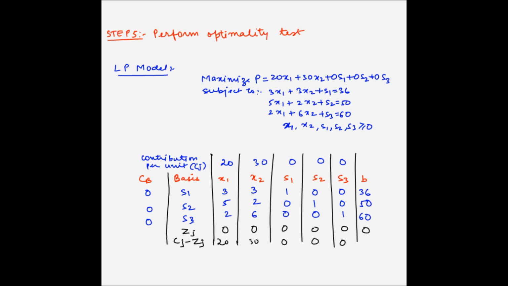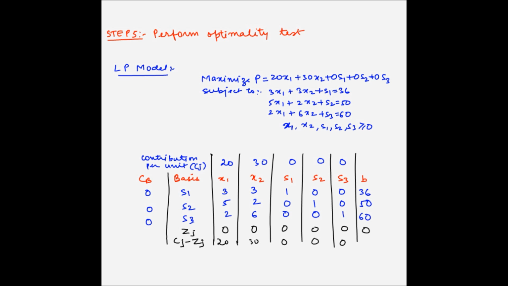Now this row Cj minus Zj determines whether or not the current solution is optimal. A positive value in the Cj minus Zj row indicates the amount by which the profit will be increased if a unit of the variable is introduced in the solution.